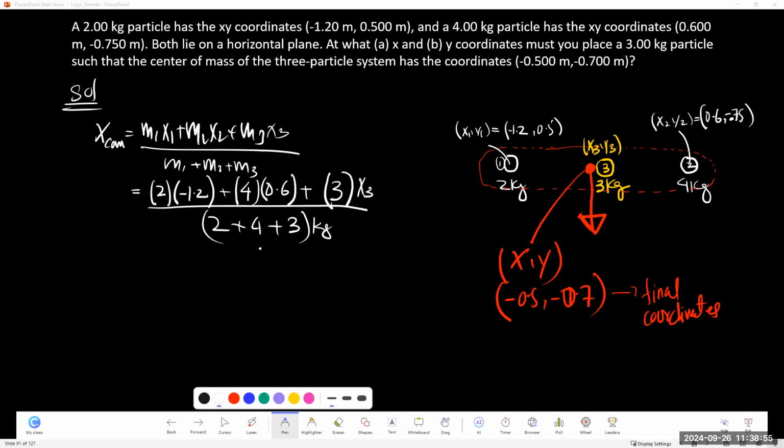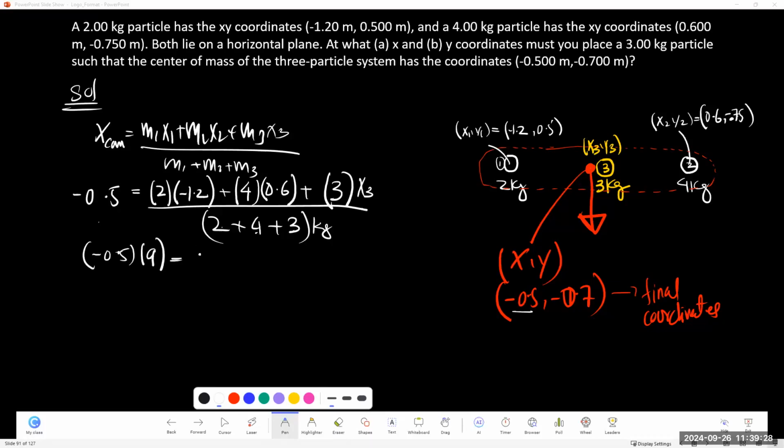Everything is in kilogram, so I'm just writing kilogram for now. Here the x component is given, which is right here, so I'm going to write this as minus 0.5. If I solve, I take minus 0.5 times 2 plus 4 plus 3, which is 9.